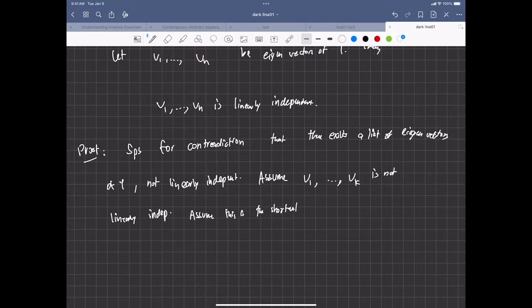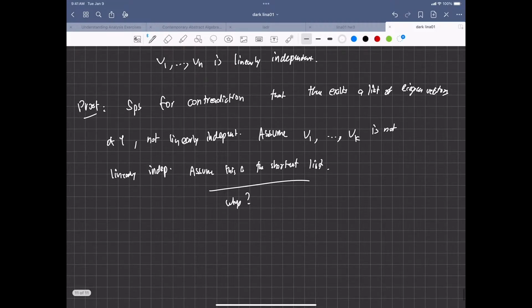So why can we assume that this is the shortest list? Because if we didn't have a shortest list, then if we have a longer list, we can basically just kick out a bunch of vectors, and we'll still be left with a list that is linearly dependent.